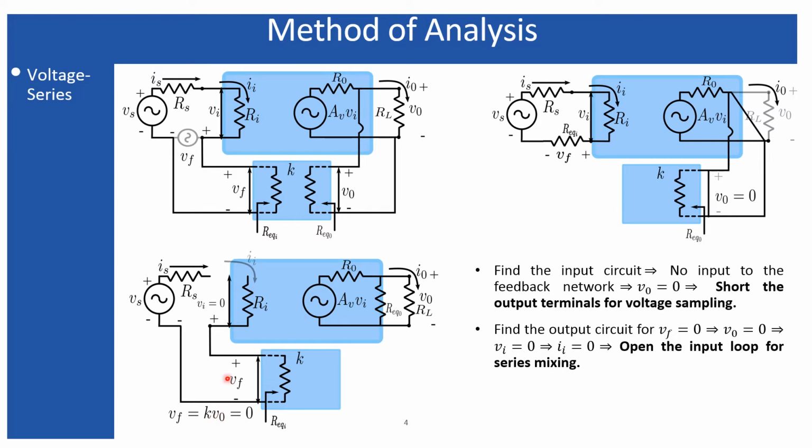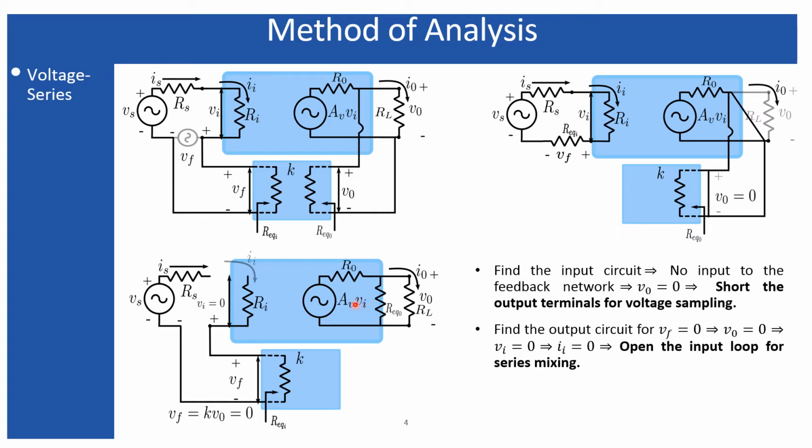But V naught we cannot zero directly in this case, because we have already done V naught equals 0 in this way. So the way is that K times V naught equals 0. So we can make this VF equal to 0 by making this A times VI equal to 0.